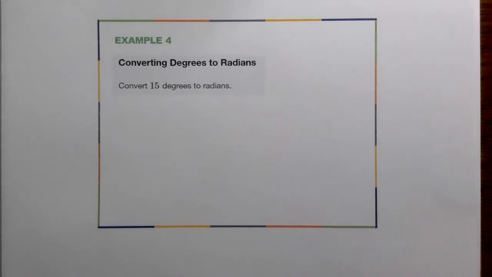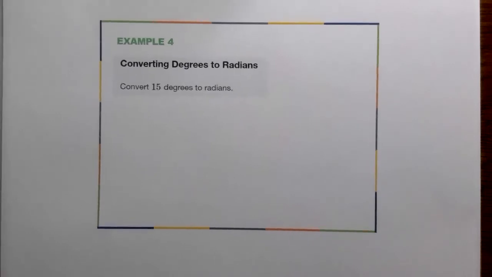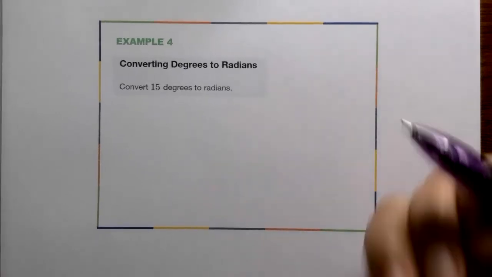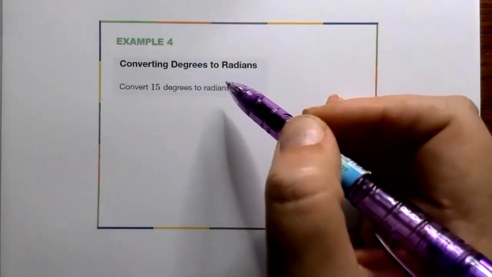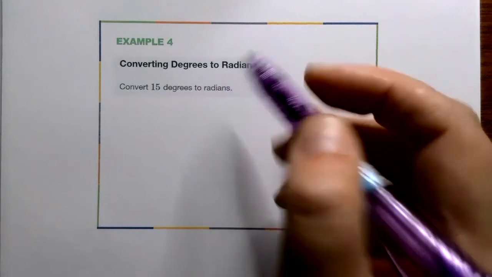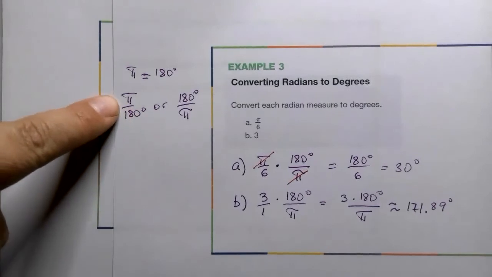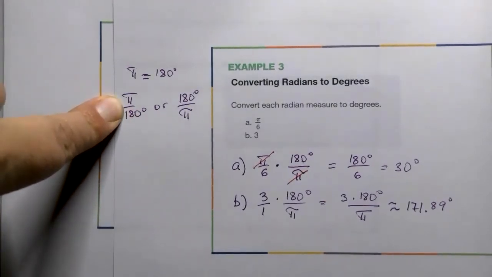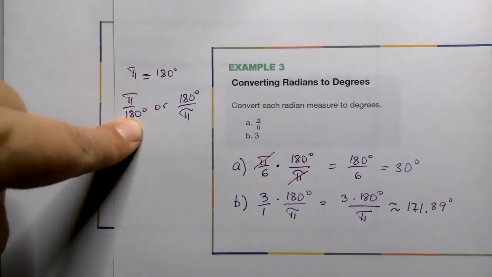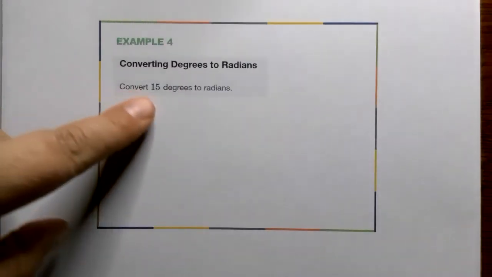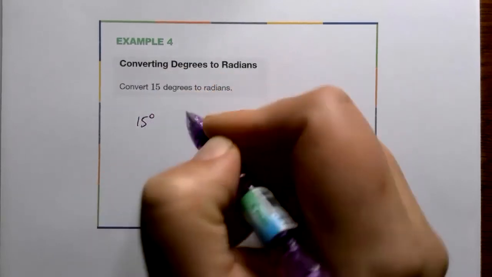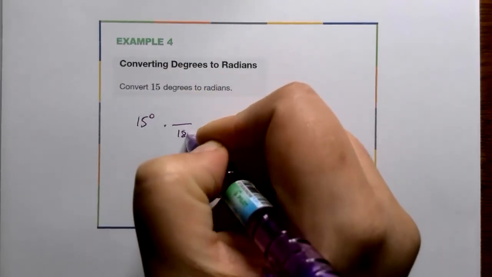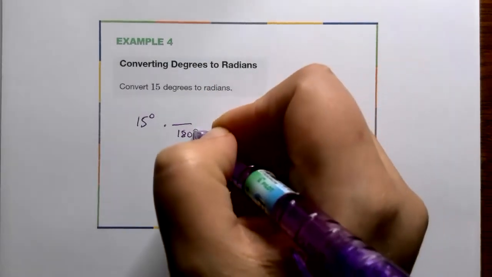And we're going to proceed with the last type of problem that you're going to see in this section, which is converting degrees to radians. Okay, going back to our explanation, we're going to use this unity fraction this time around, pi divided by 180 degrees, because we have degrees here and we want to get rid of them. So we put 180 degrees on the bottom. We're going to divide by degrees.